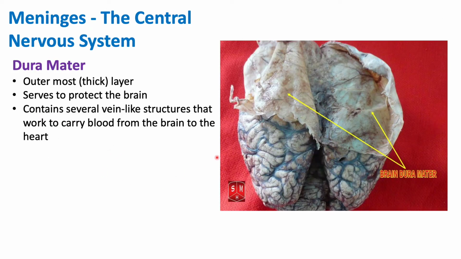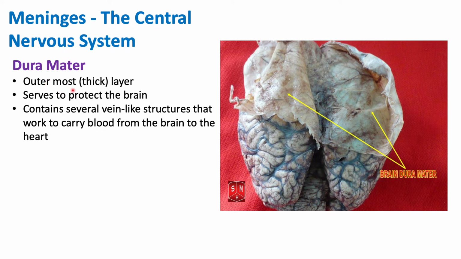So if we take a closer look at our dura mater in this diagram of the dissected brain, we can see that it's a pretty thick layer. That holds true because out of the three layers of the meninges, the dura mater makes up the thickest layer. We can remember that because dura sounds like durable.